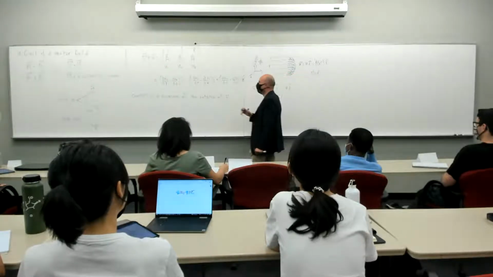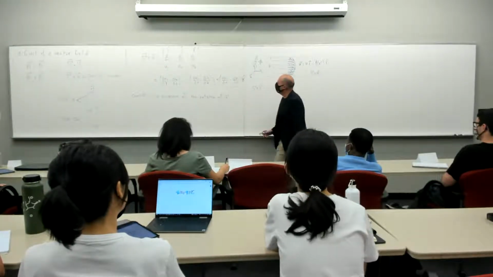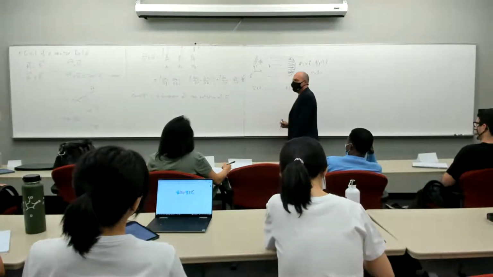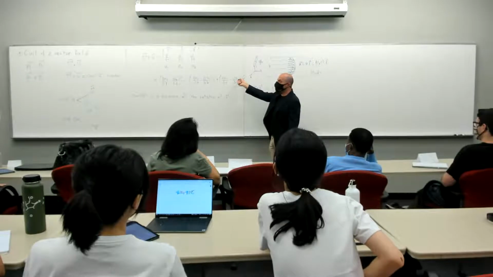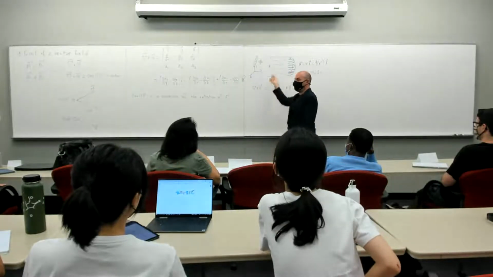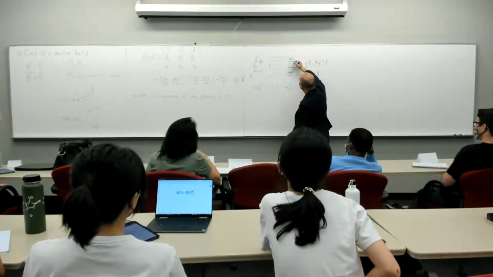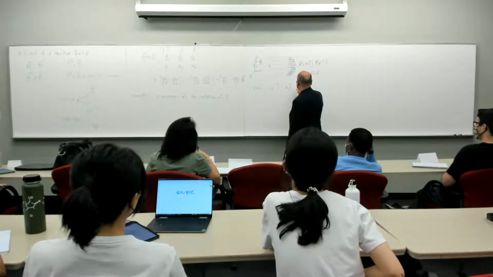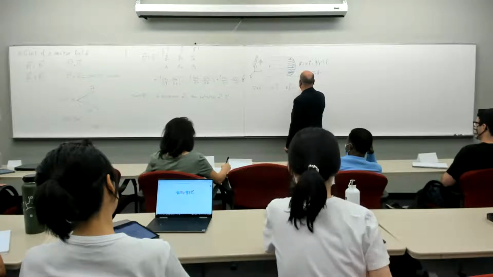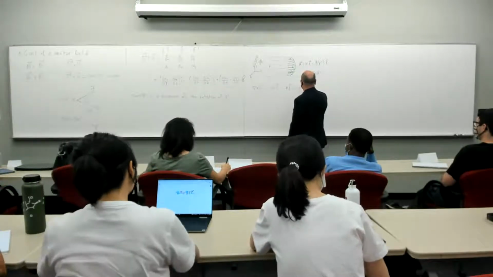I forgot that there's the last one. u2, there's no u2. Okay. However, there is a u1 and it changes in the y direction, right? The velocity changes in the y direction. So you get minus du1 by dy.